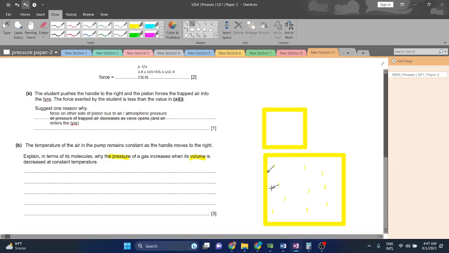The particles have sufficient speed and sufficient volume to move around. But when the volume is decreased, the mass and the particles aren't decreasing. The particles will still be 10.